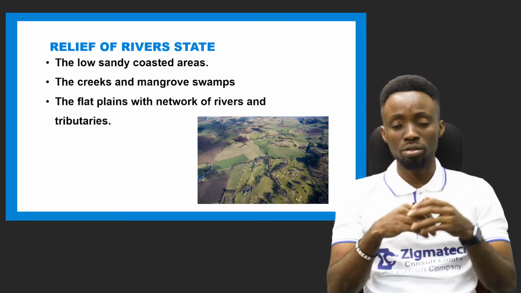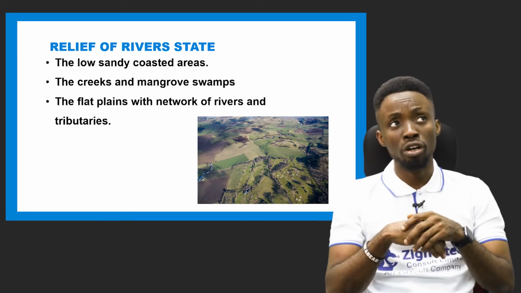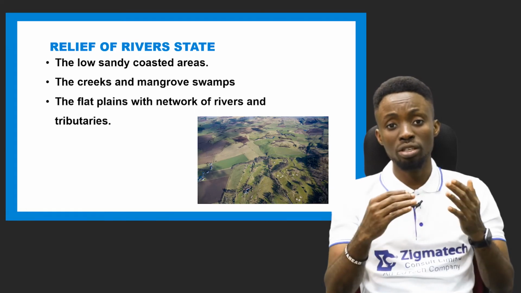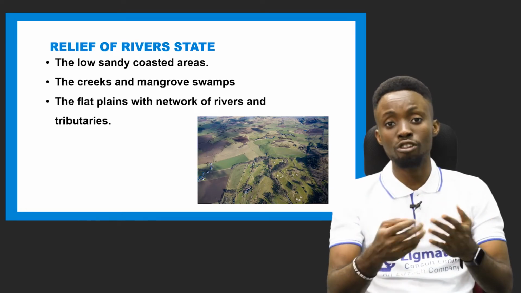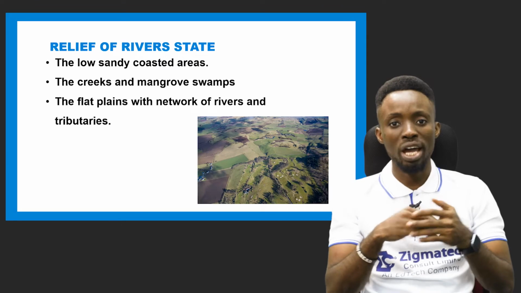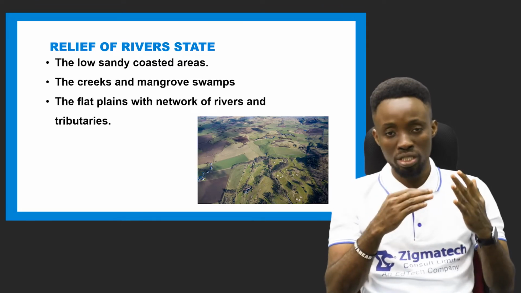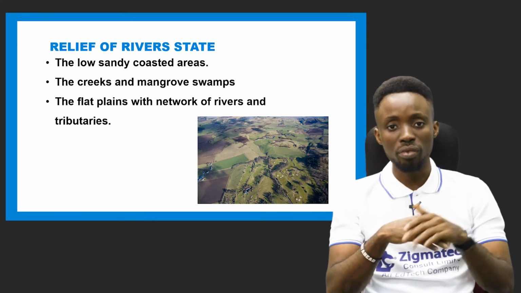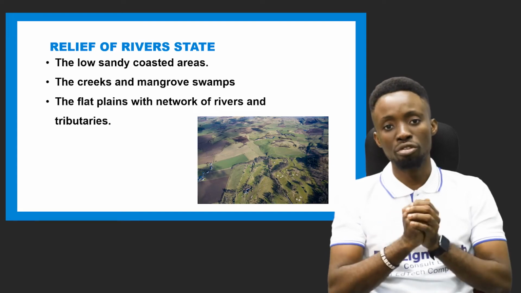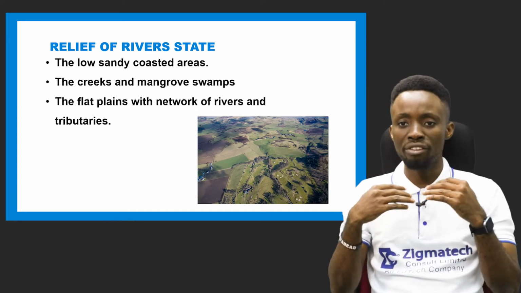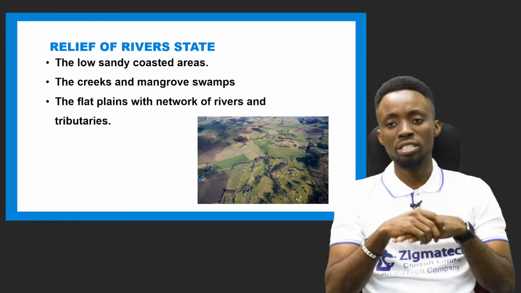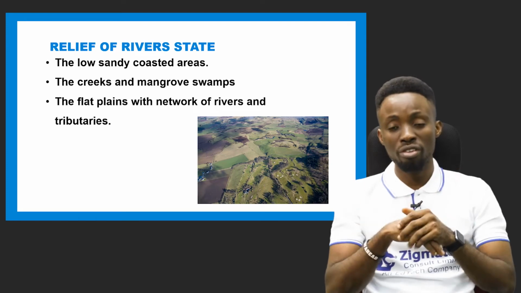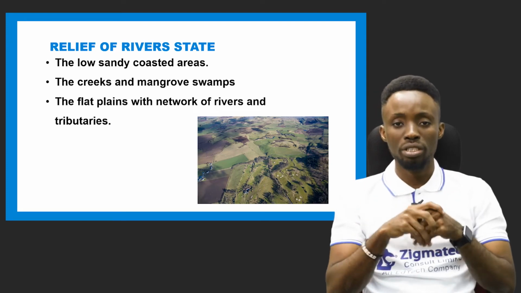Remember, when you talk about the vegetation of Rivers State, we are definitely going to have mangrove swamp and freshwater swamp. Now we have some places in Rivers State with the relief in the form of a creek or a mangrove swamp. Then we have the flat plains of Rivers State with networks of rivers and tributaries found there.